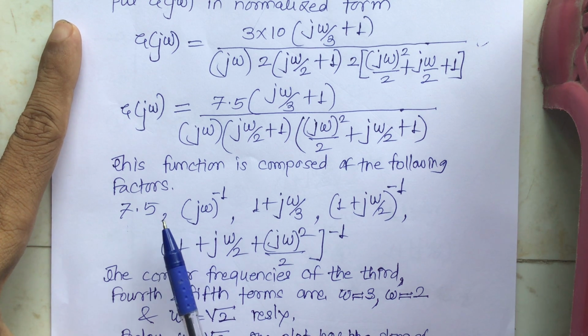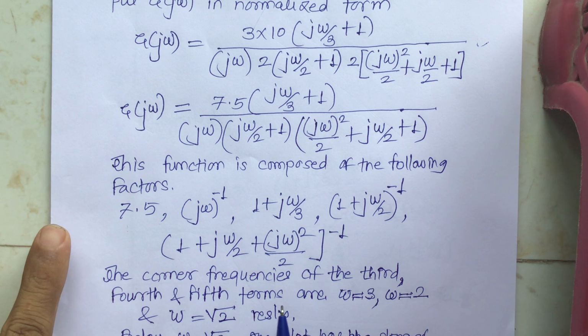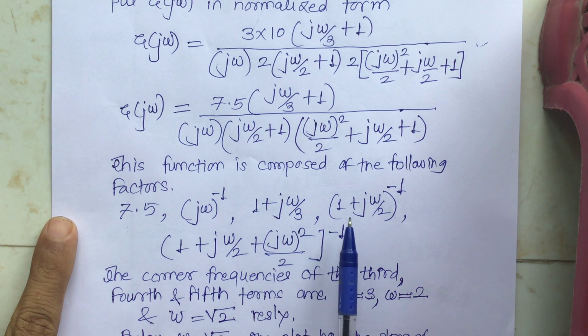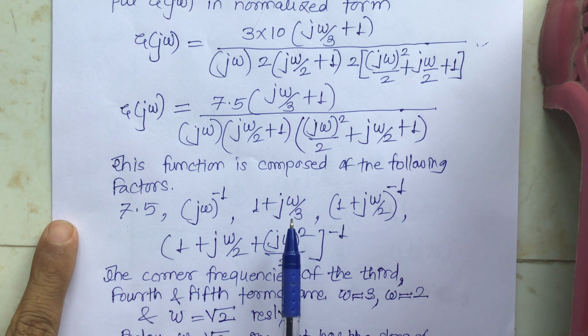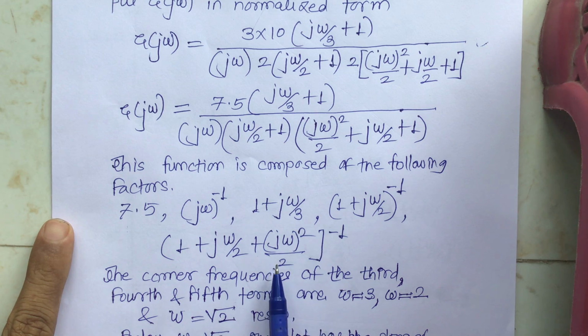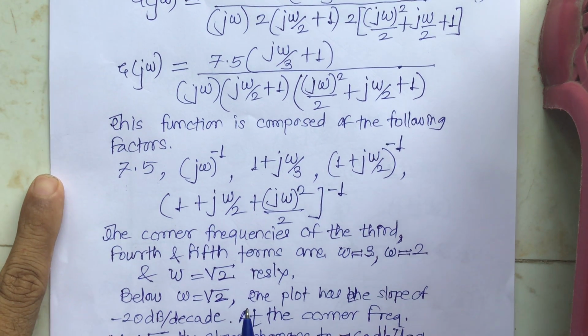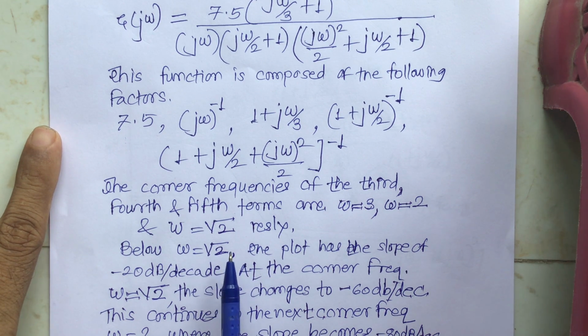Therefore this function is composed of the following: 7.5 and these 5 factors. What are the corner frequencies for the third, fourth and fifth? They are 3, 2 and root 2. So the lowest corner frequency is root 2.